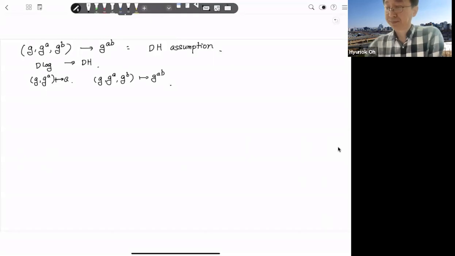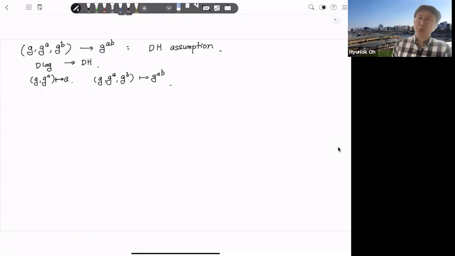So the Diffie-Hellman assumption is a little bit stronger than discrete log, but we still believe that the Diffie-Hellman problem is also difficult to solve. Okay, so the Diffie-Hellman protocol is based on the Diffie-Hellman assumption. From G, G to the a, and G, G to the b, G to the ab is very hard to compute. So this is the Diffie-Hellman protocol.